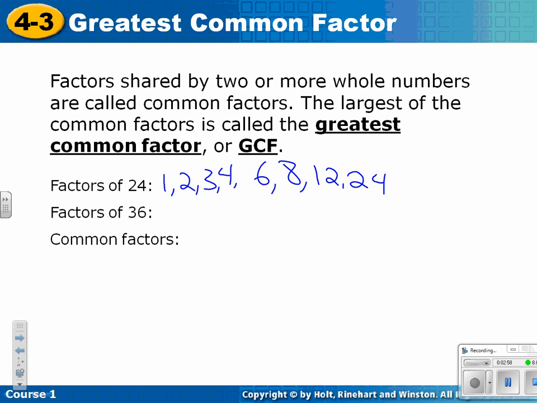What if we missed one? That would be bad. We would have a hard time finding greatest common factor, wouldn't we? Okay.